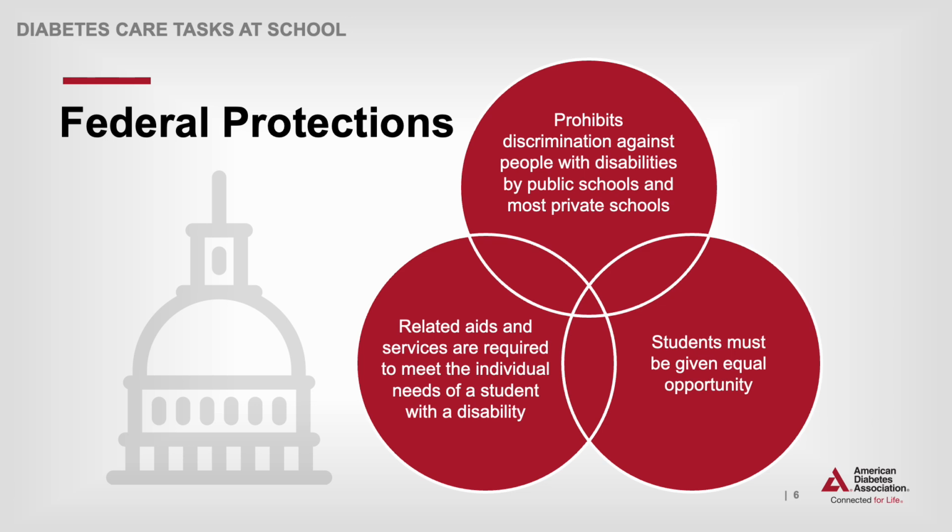IDEA also requires special education for students whose diabetes or other disability adversely affects education performance. For example, this might be the case for a student who often experiences high and low blood glucose levels at school or who has to miss a lot of school because of diabetes-related complications.